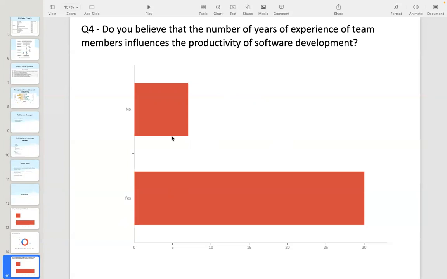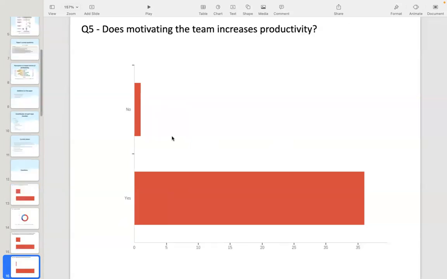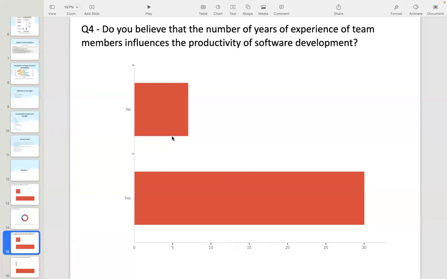We wanted to know their opinion, because we personally believe that the number of years of experience influences productivity. Interns take more time to get accustomed to the software, and it may be difficult for them to get habituated to the practices of software development. But everyone has their own opinions.